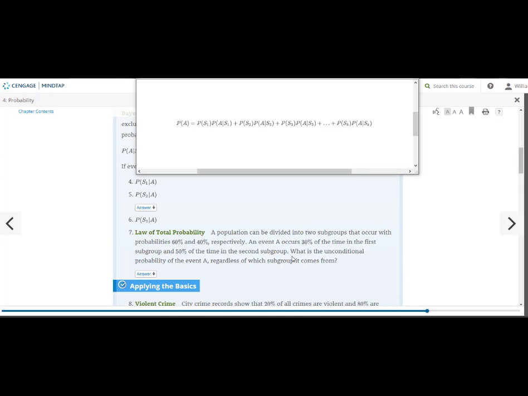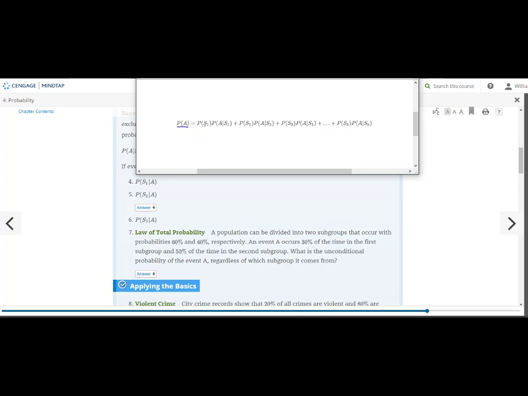What is the unconditional probability of the event A? In other words, what's this? We called this the unconditional probability of A, which actually is just the probability of A, but they want to emphasize that there's no conditional here. So what's the probability of A?